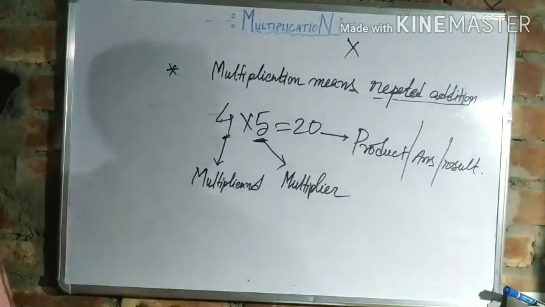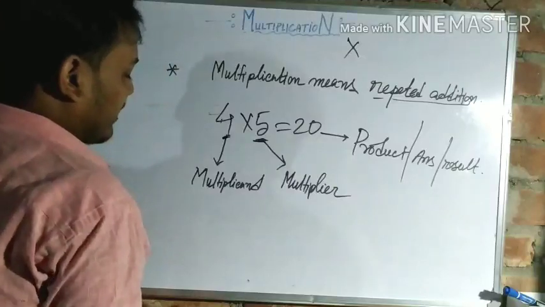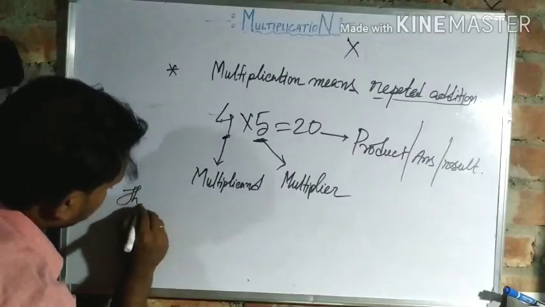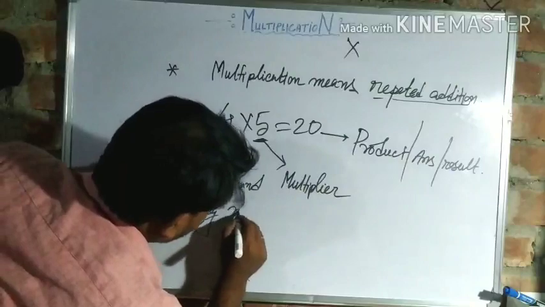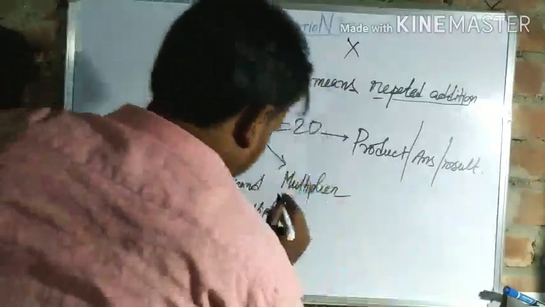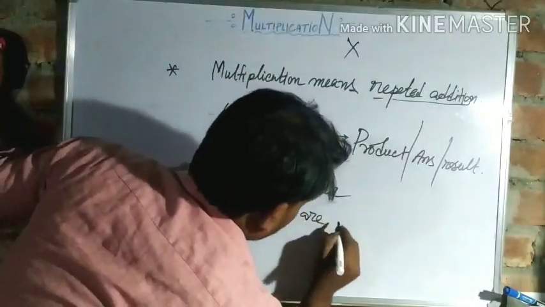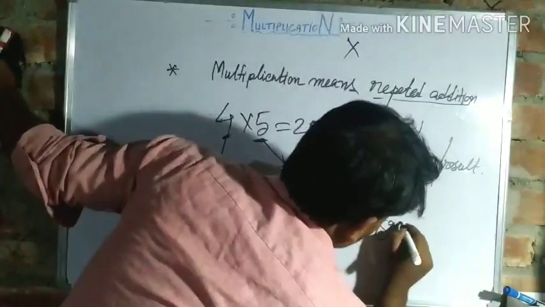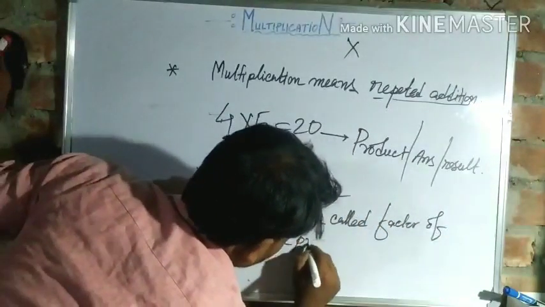One thing: the numbers being multiplied are called factors of the product.